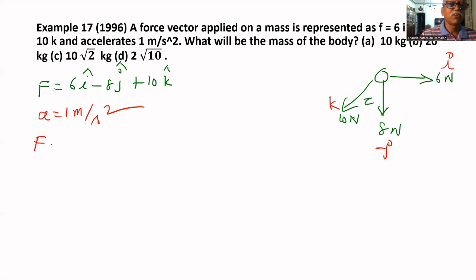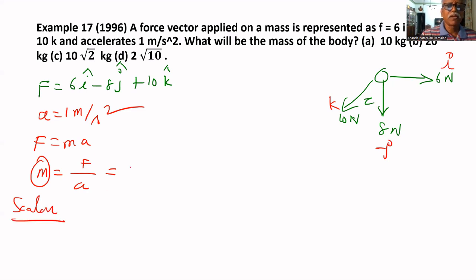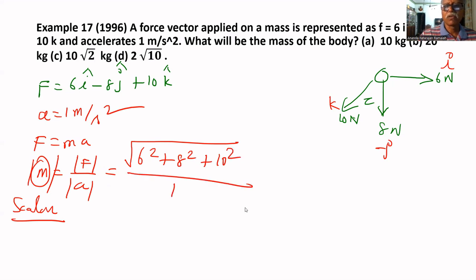We know that F equal to ma. Mass is asked, so m equal to F divided by a. But mass is scalar, so we cannot use vector F. Instead, we have to put the modulus of F, and modulus of a. So modulus of F equal to square root of 6 square plus 8 square plus 10 square divided by a equal to 1.